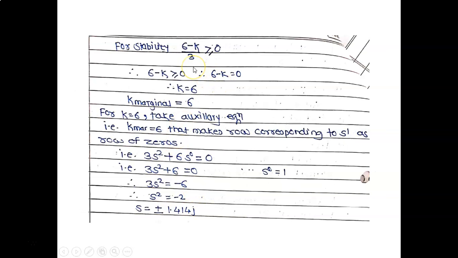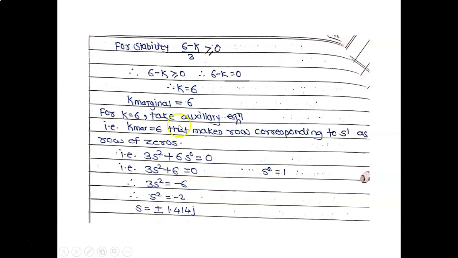For stability, (6 minus k) divided by 3 is greater than or equal to 0. Therefore 6 minus k is equal to 0. Therefore k is equal to 6, that is k marginal is equal to 6. For k marginal equal to 6, take the auxiliary equation.